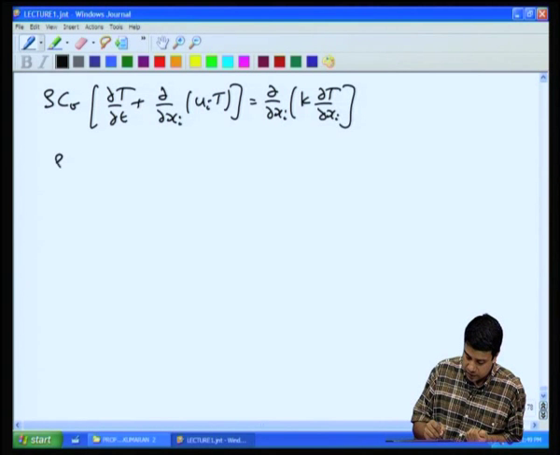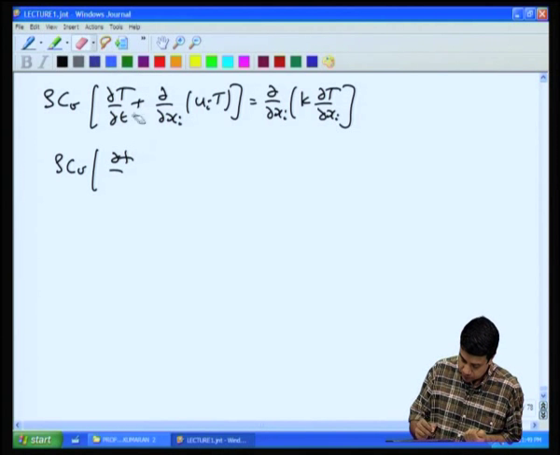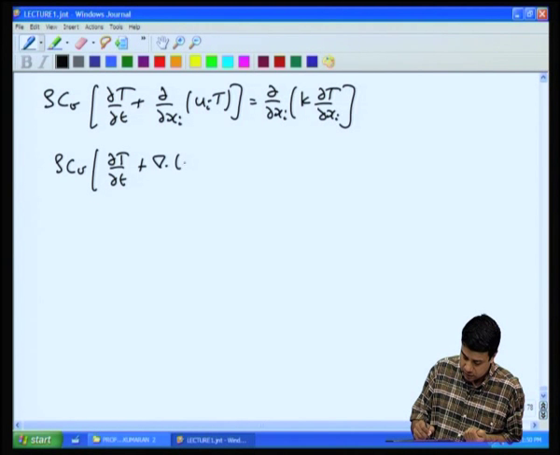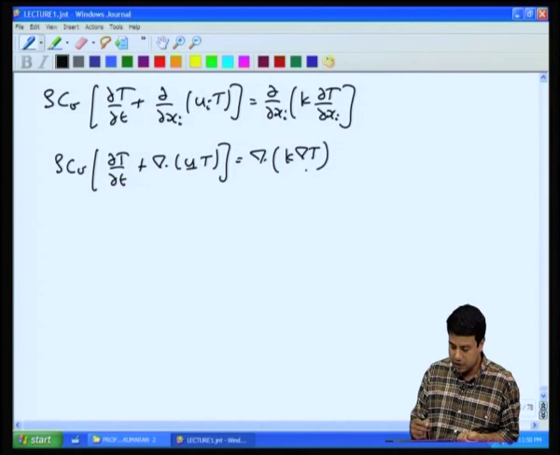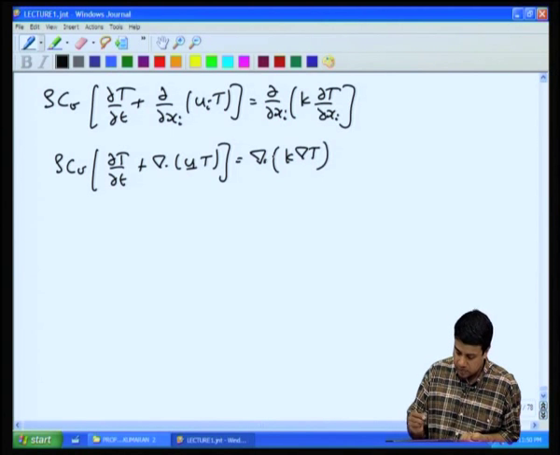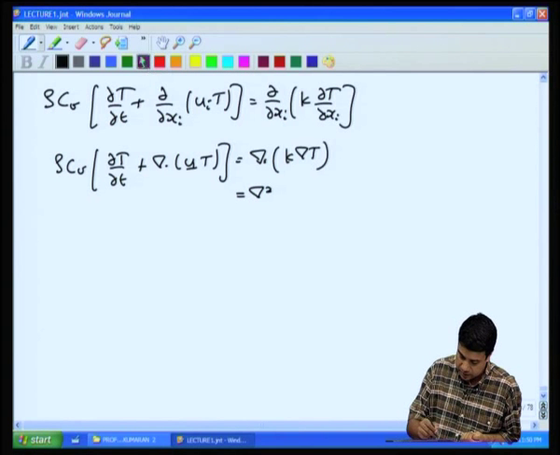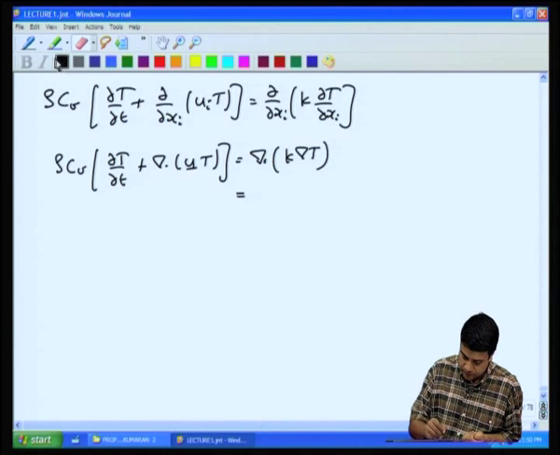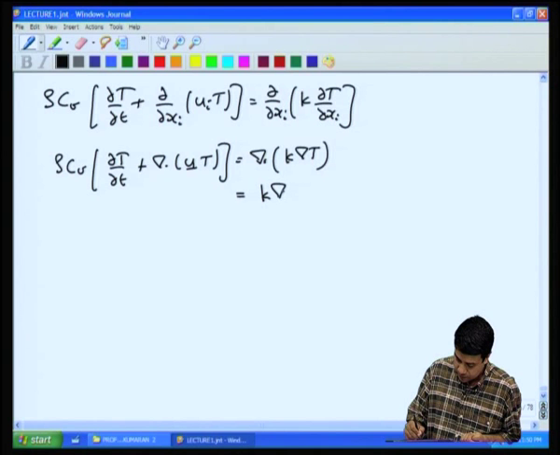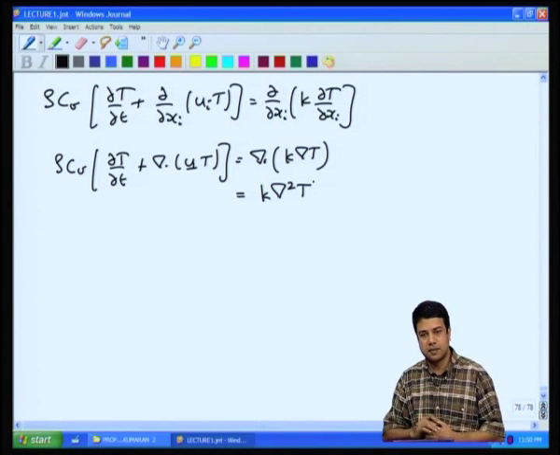Or alternatively rho Cv into partial T by partial t plus del dot uT is equal to del dot K grad T. And in case the thermal conductivity is independent of position, this can also be written as K del square T, where del square is the Laplacian.